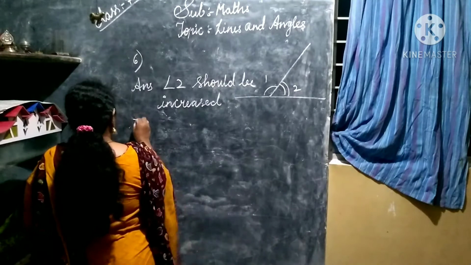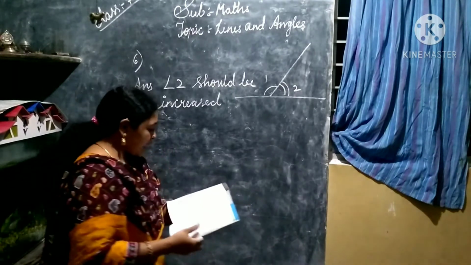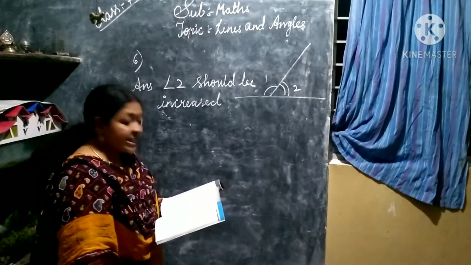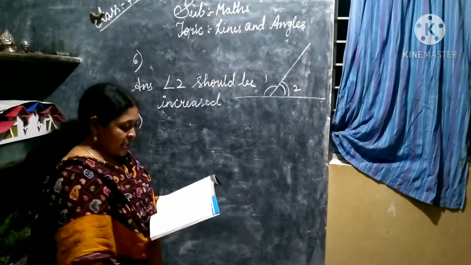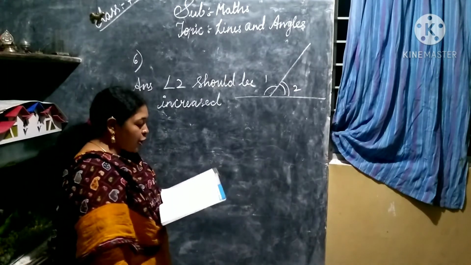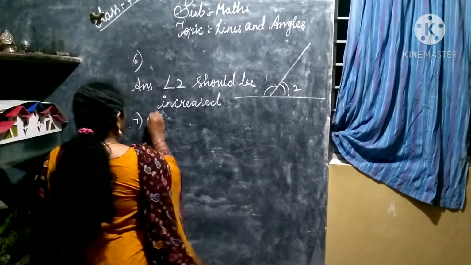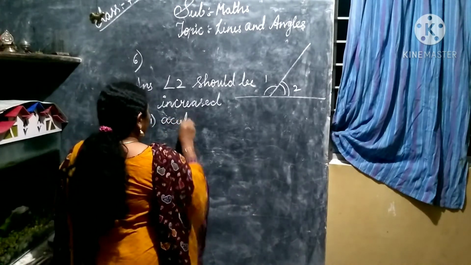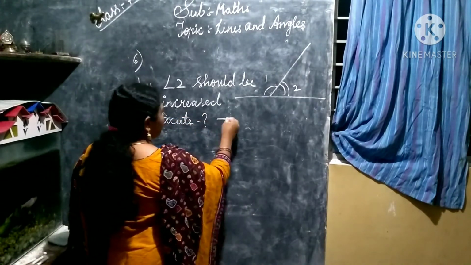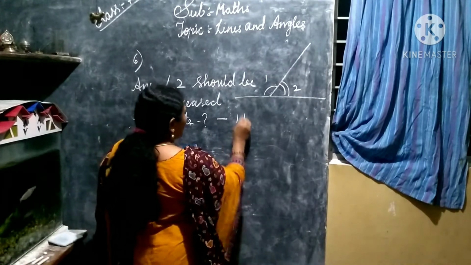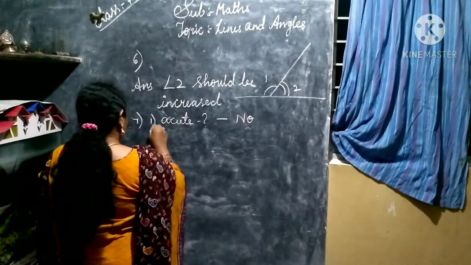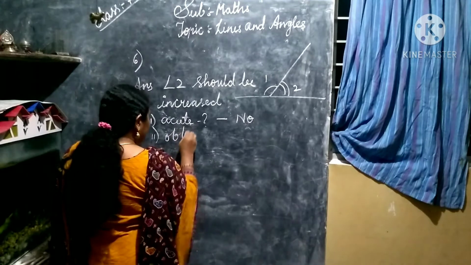And look at the 7th one. It says, can two angles be supplementary if both of them are acute angles? If both are acute angles, can it be supplementary? No. Second one, if both are obtuse angles.